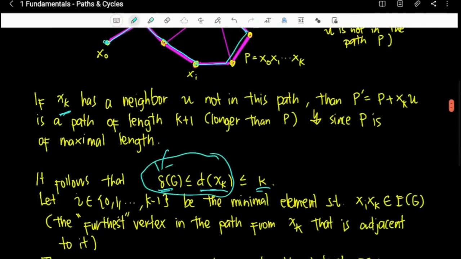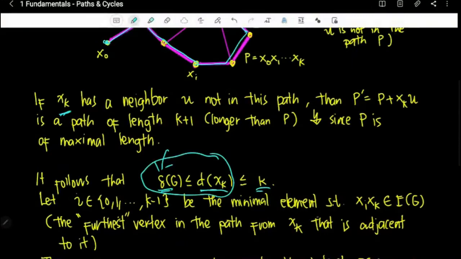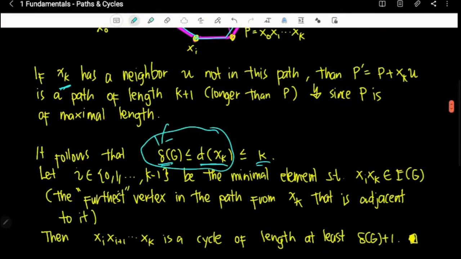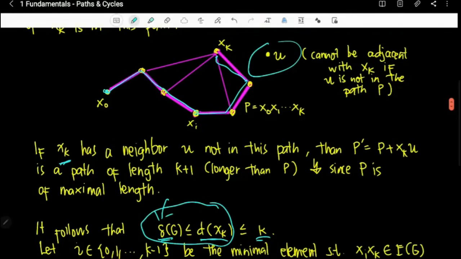Okay. So, let i be the minimal element such that xi, xk is an edge. Alin yung minimal element na sinasabi nating i? Yung pinaka yung neighbor ni xk na pinakamalapit sa x sub 0. In this particular scenario, ito yon. So, ito si x sub i. Yan.